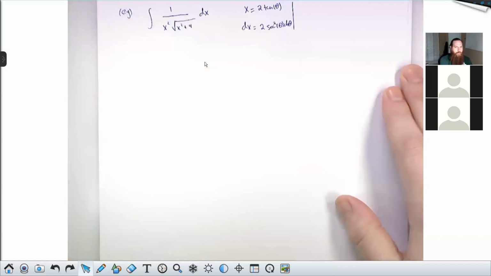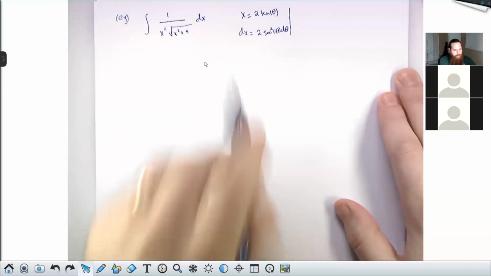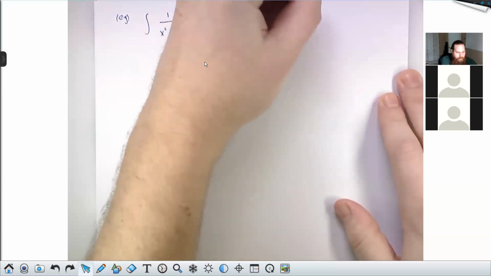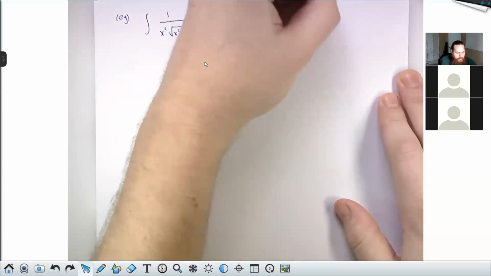And while I'm here, I'm going to draw my triangle. If x is 2 tan theta, then tan theta is x over 2, which is the opposite over the adjacent.